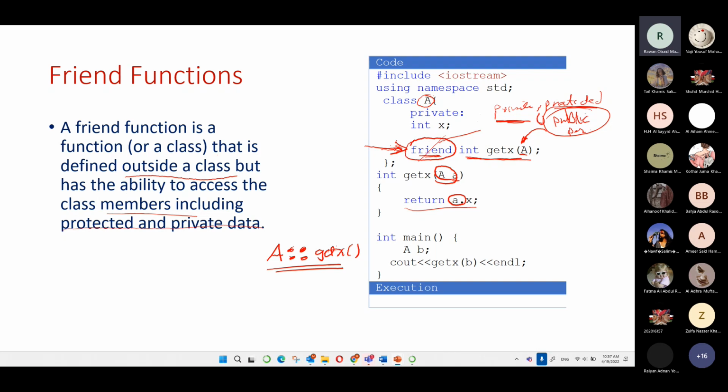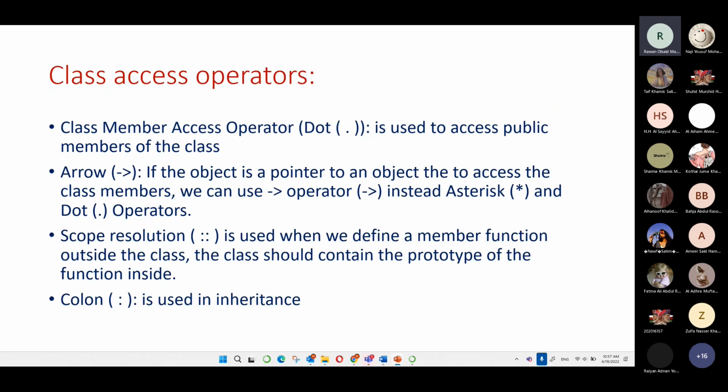All right. Now, this is just a summary about the class access operators. If you want to access any member, like if we define a variable, we wrote a.x and a.print, etc. So I use the dot operator to access any public members of the class.